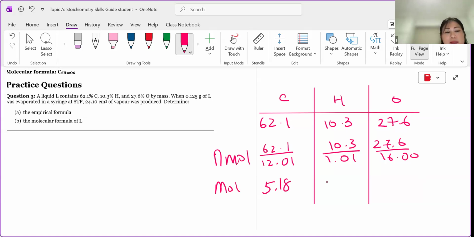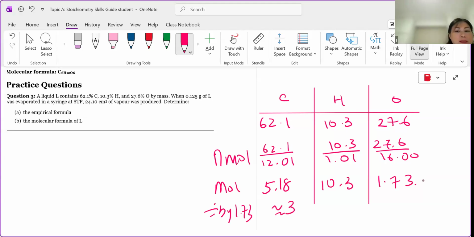about 10.3, and about 1.73. So we need to divide by the smallest number, which is 1.73, and that will be approximately 3.